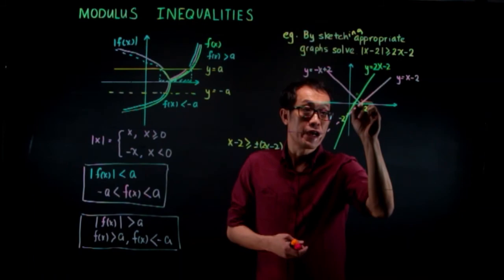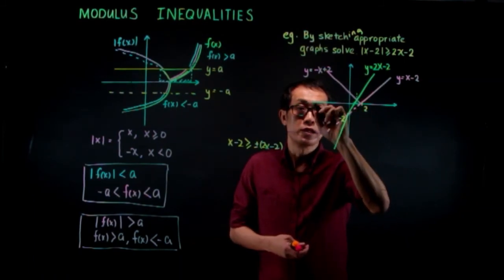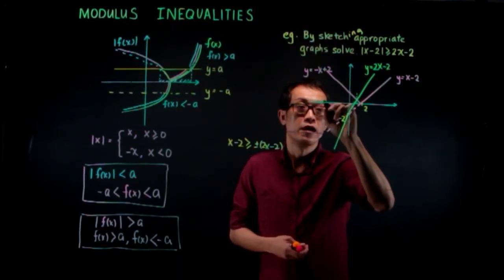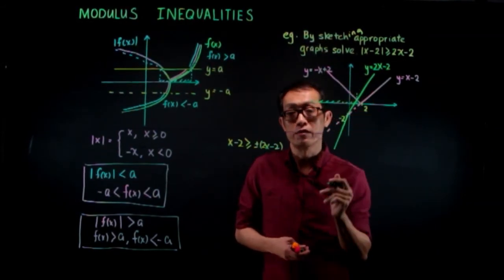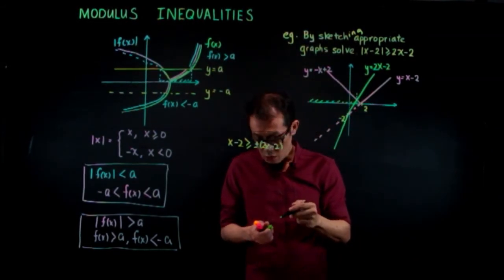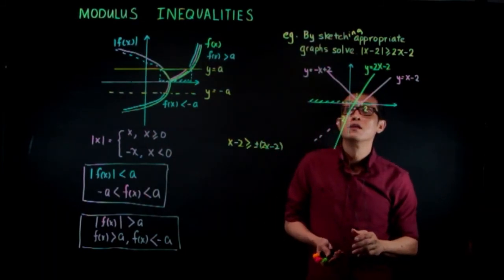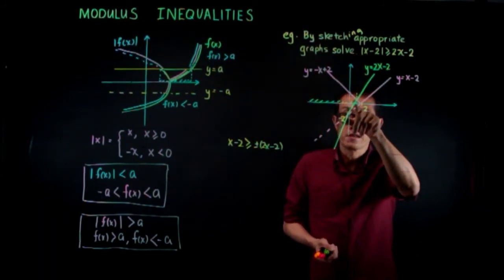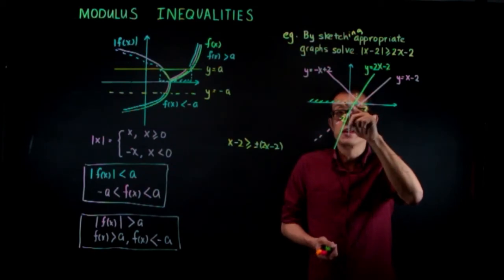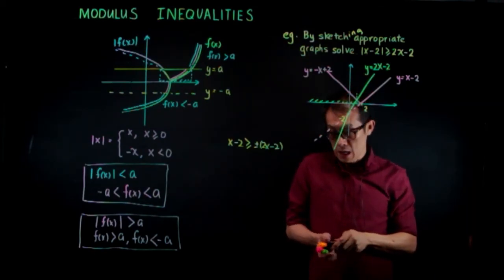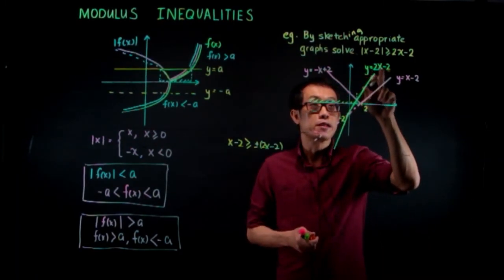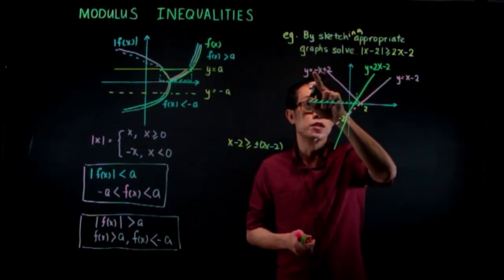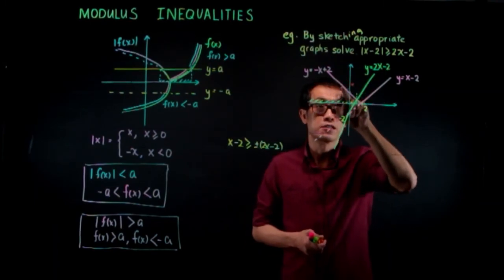You will take this value until the x value of the point of intersection. How to find the x value of this intersection point? You simply equate this graph to this graph, because this is the point of intersection.